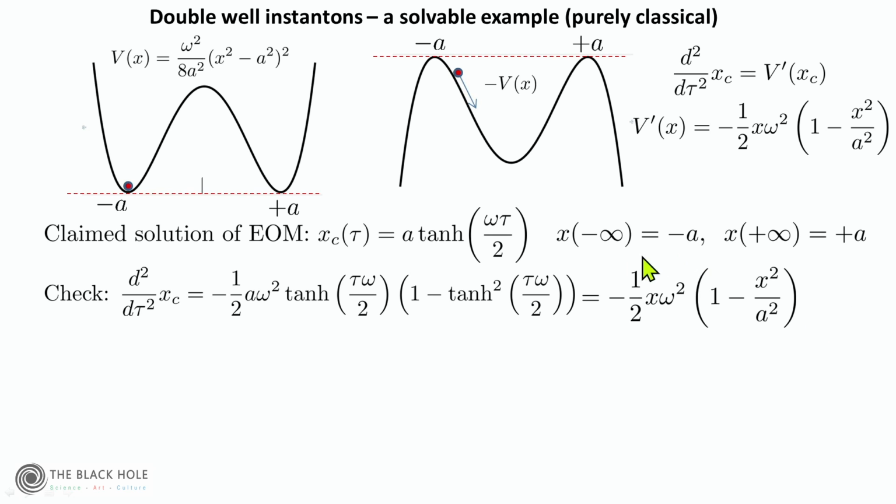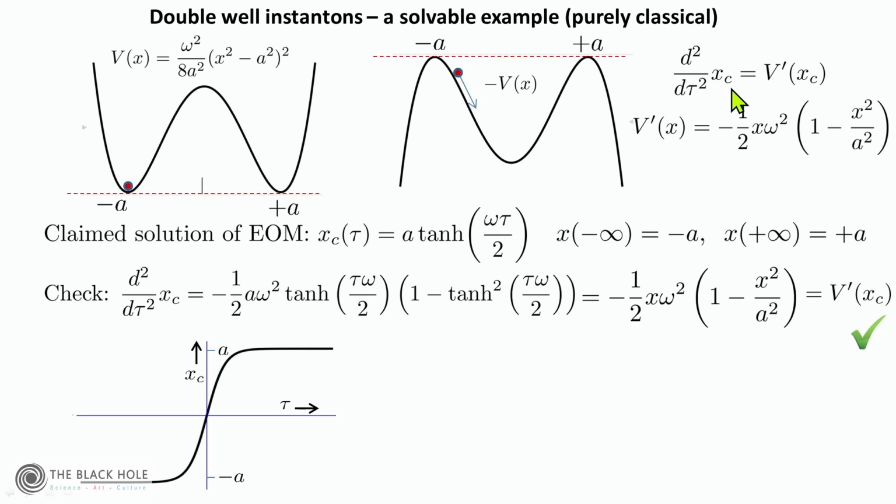And you get this. But you recognize that this over here is the same thing. And so the solution is indeed correct. So I've given myself a good mark. Correct.